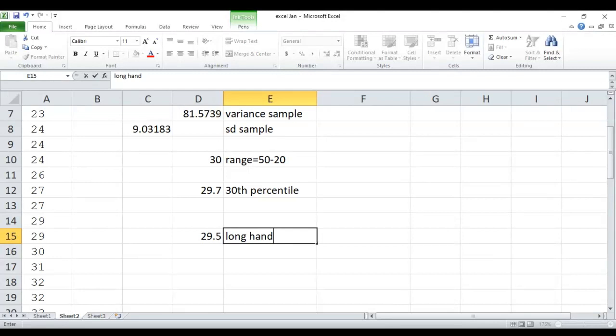But because we don't have decimals in our data, it's still saying that the 30th percentile, you could say, is either one, because 15 numbers are below 29.5 or 29.7. So if you do it longhand, you're going to get a little off.